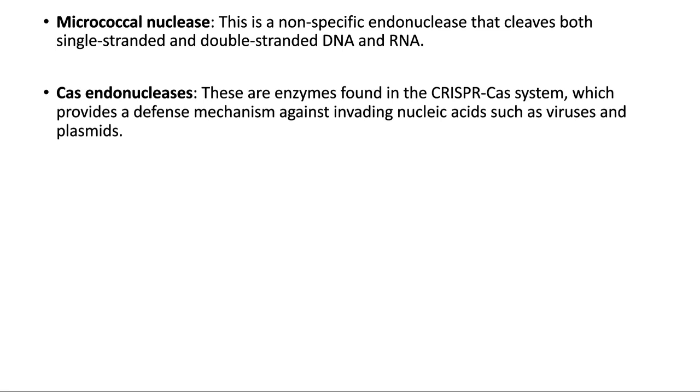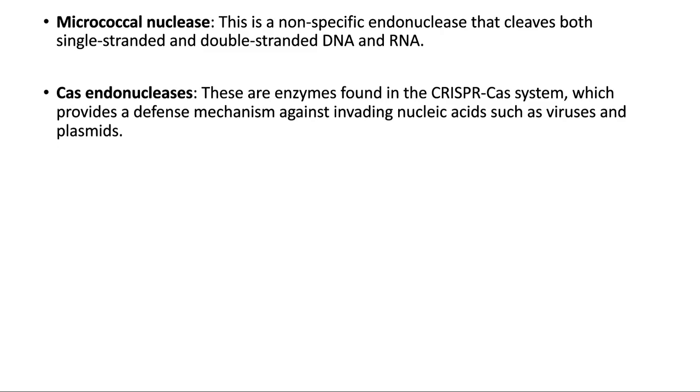Now we have the Cas endonucleases. Cas endonucleases are very much in use in today's research because they are normally used to cut the DNA, and at this time, you're the one that is choosing where to cut. Okay, so we say that they are used in the CRISPR-Cas system, which provides a defense mechanism against invading nucleic acids such as viruses and plasmids.